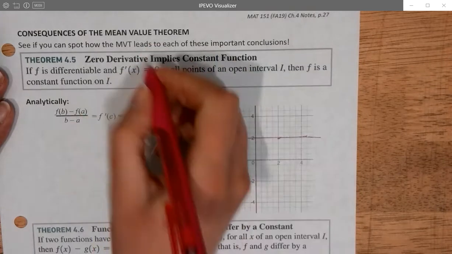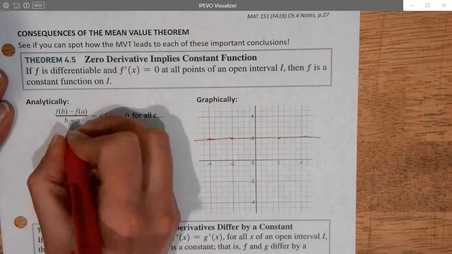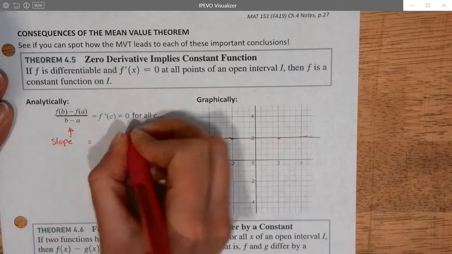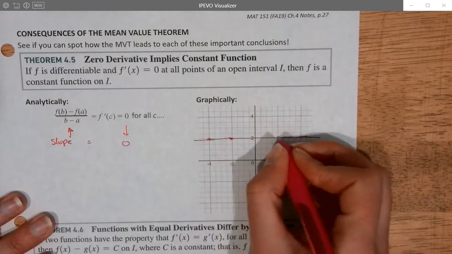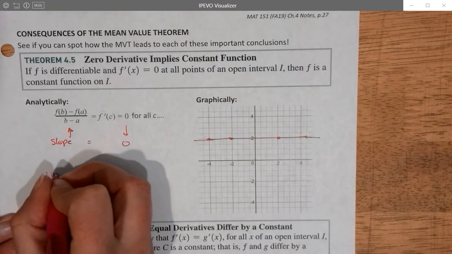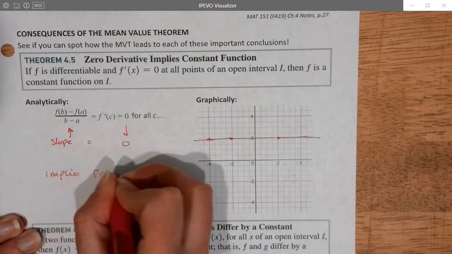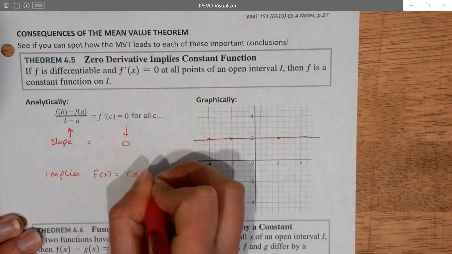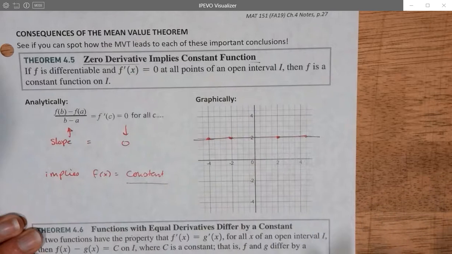If the slope equals 0, that implies that the two y values had to be equal, so it implies your function had to be constant. So the mean value theorem leads to this theorem.